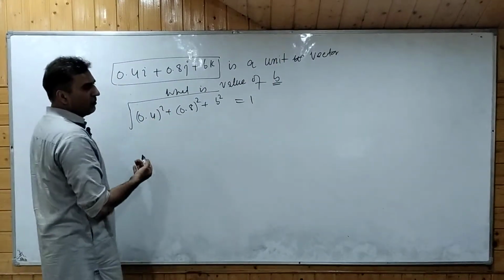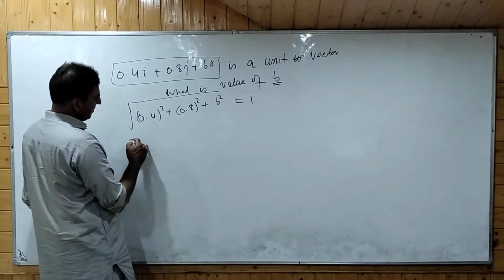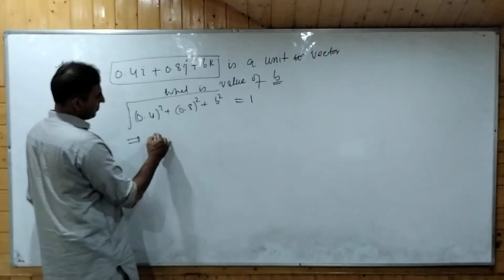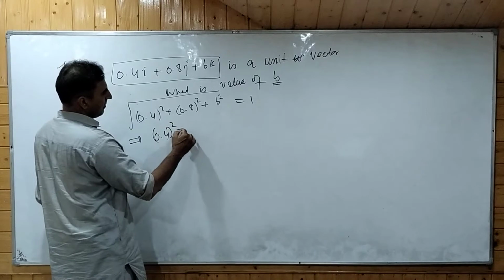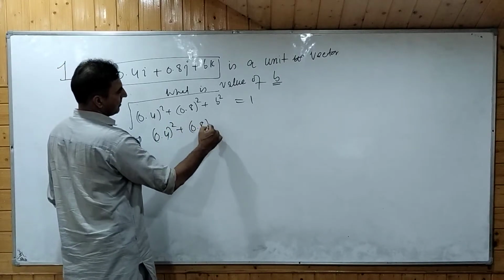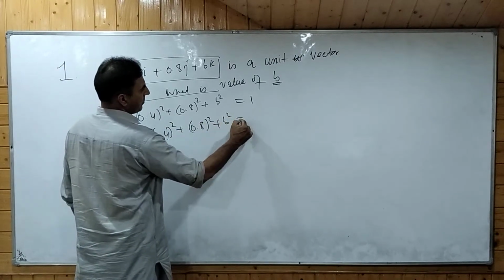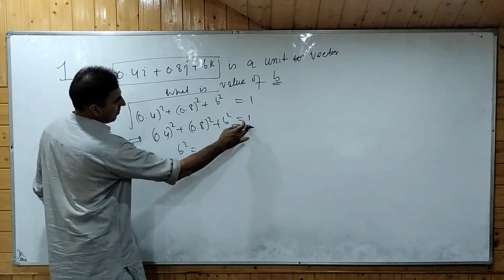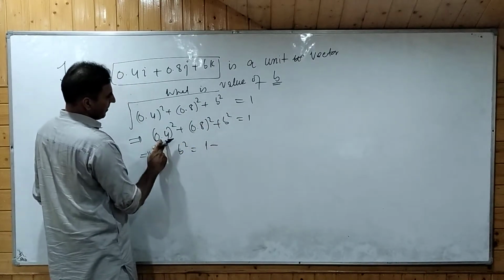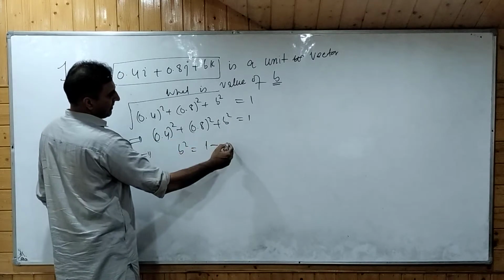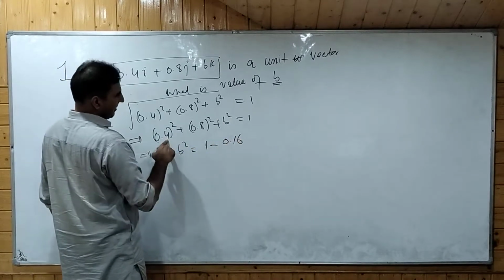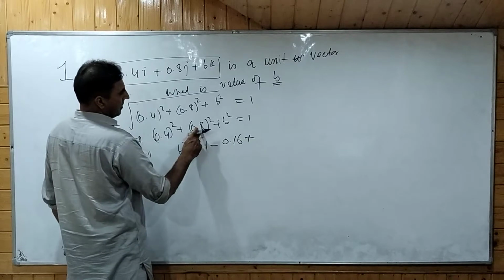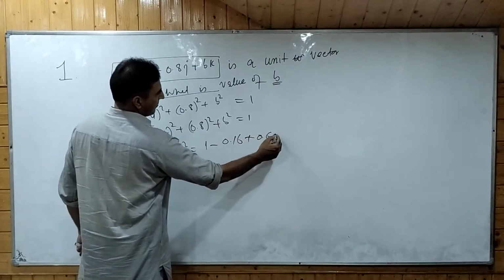Now, a few mathematical steps. 0.4 square plus 0.8 whole square plus b square is equal to 1, if we square it. Here I will get b square is equal to 1 minus 0.4 square, that is 0.16, minus 0.8 square, that is 0.64.